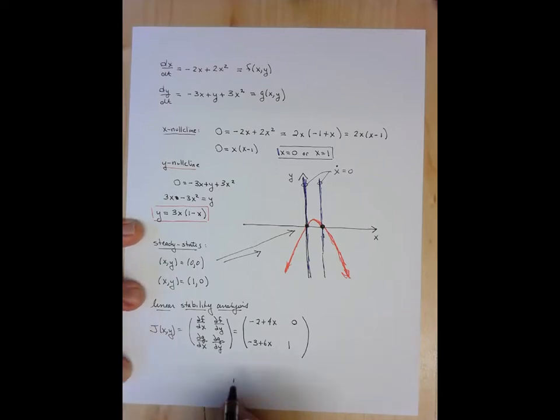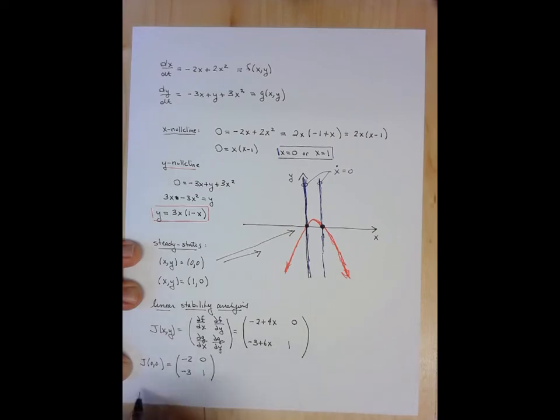And now to do linear stability analysis, we need to evaluate this Jacobian at the two steady states. So the Jacobian at the first steady state, (0, 0), is the constant coefficient matrix [-2, 0; -3, 1].